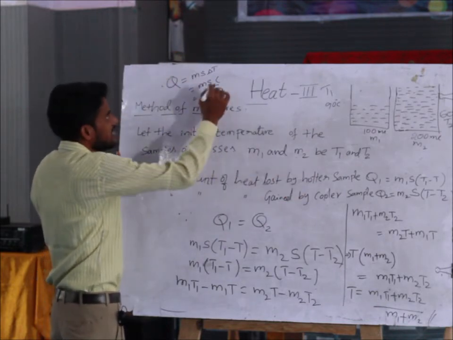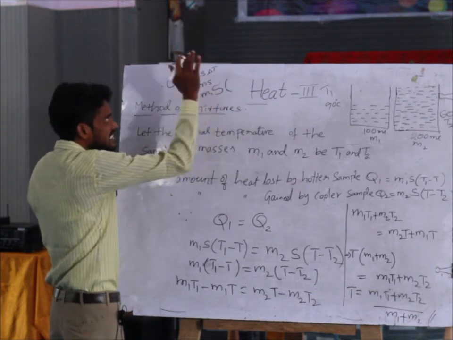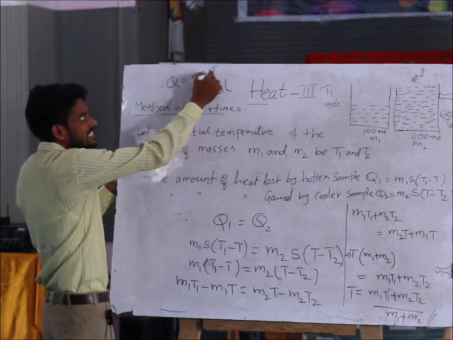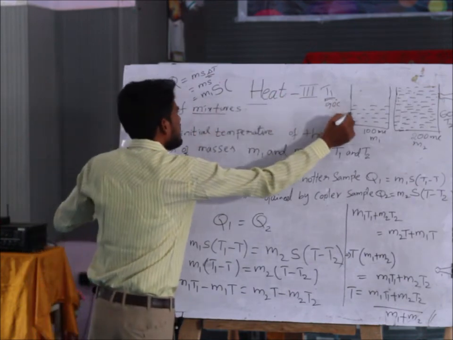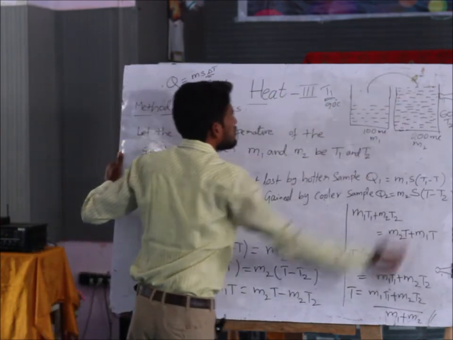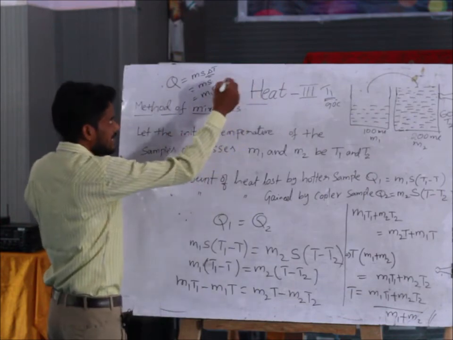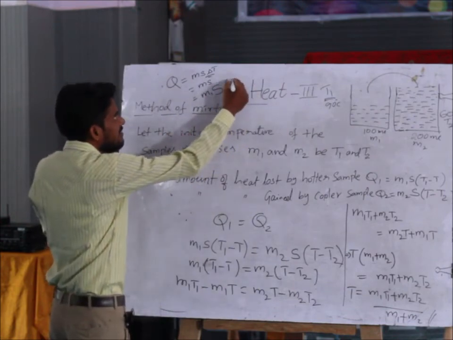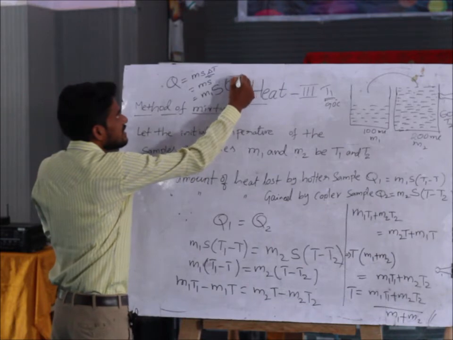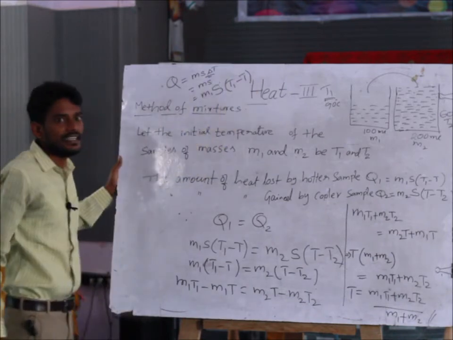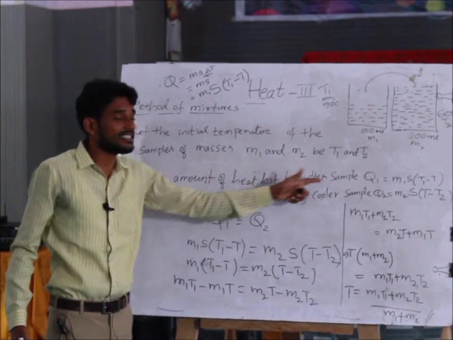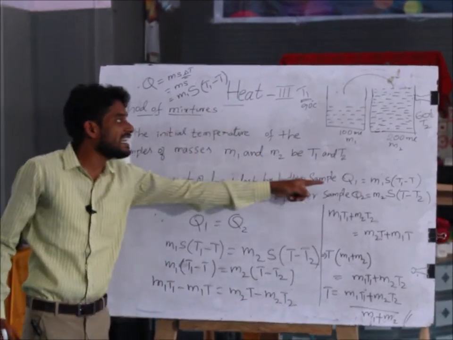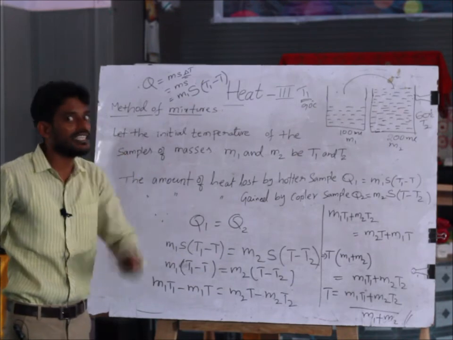What about the temperature change? The temperature change is the highest temperature minus the final, 90, that means T1 minus T. That is how much heat is lost by the hotter sample: T1 minus T is the temperature change.